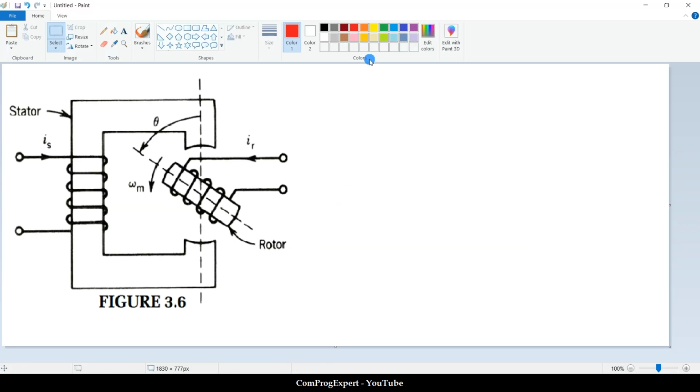We have two important parameters. Yes, the frequency of the current. This is the electrical frequency, the frequency of electrical parameters.